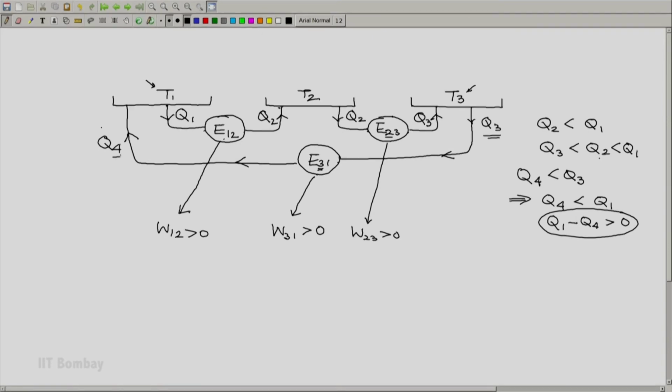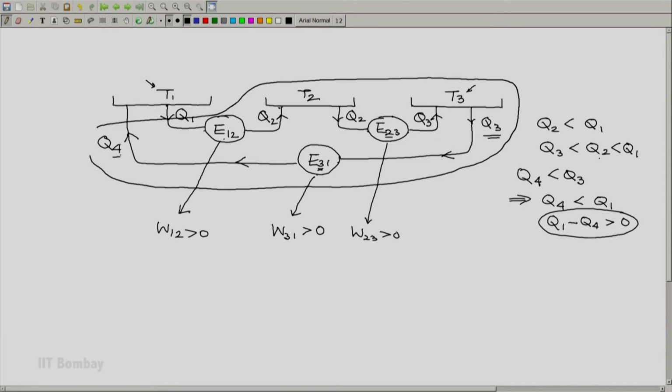Now let us consider this system. T1 is out of it, but the reservoirs at T2, T3 and all the three engines are included in it. Now look at this. This is an engine because the work output is W12 plus W31 plus W23.